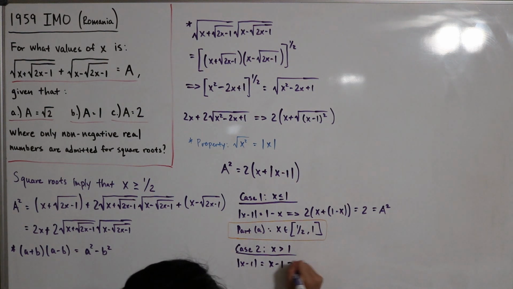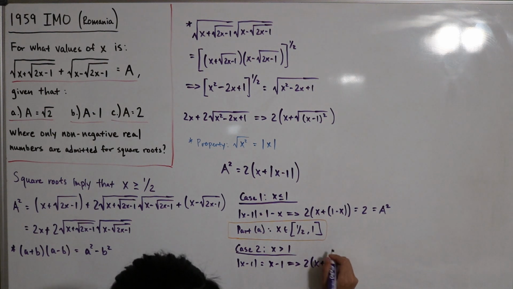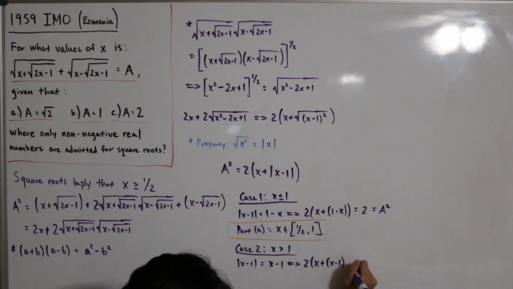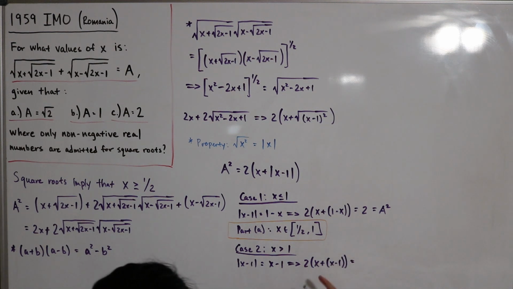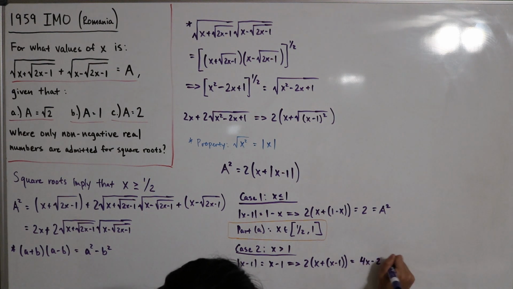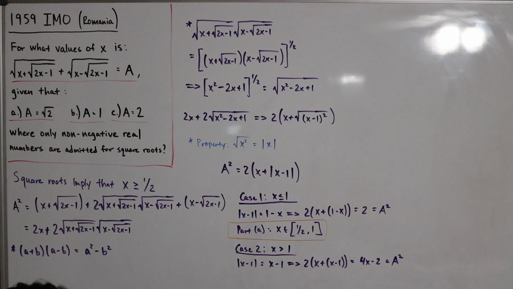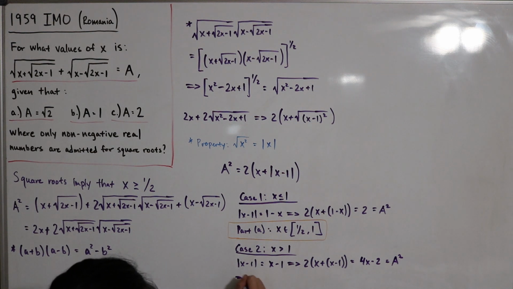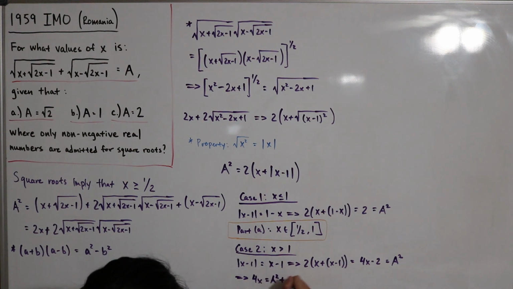And now if we do the substitution, there'd be 2 times x plus x minus 1. And if we do the simplification, we would get 4x minus 2. 4x minus 2 is equal to a squared. And continuing forward, we would have 4x is equal to a squared plus 2.